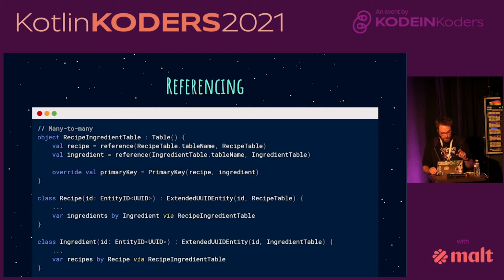So if I want a reference in my recipe entity to get all the ingredients that are for this recipe, and on the other side, in my ingredient entity, I want to access all the recipes that are for this dedicated ingredient, I'm going to create a table, a recipe ingredient table, to have both references on a recipe and on an ingredient in order to have access to the data.